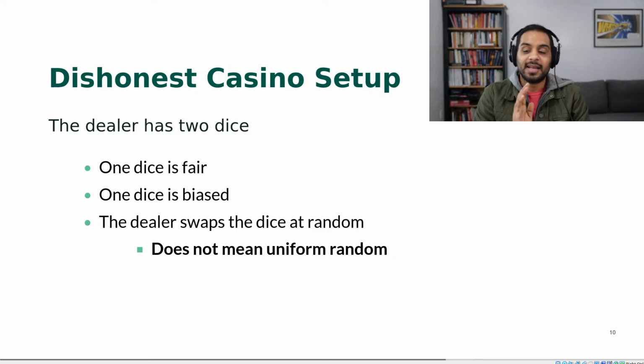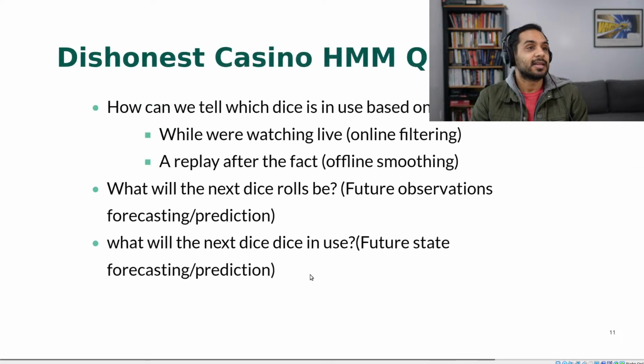Random just means that maybe 90% of the time they're using the dishonest dice, and 10% of the time they're using the honest dice. It could be 20-70. Random just means it's not fixed through some deterministic algorithm. It doesn't mean that it's 50-50 all the time. We may not know what the randomness is, but there is some randomness.